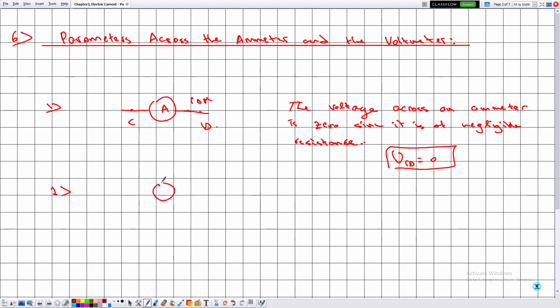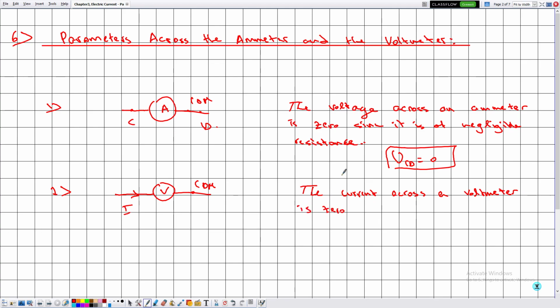So suppose that this is the voltmeter and this is the COM terminal. So in the case of the ammeter, we have specified the voltage. Now in the case of the voltmeter, we'll specify the current. Suppose it's being traversed by a current I, then we can say the current across a voltmeter is 0.